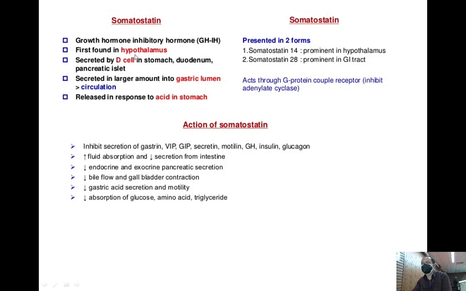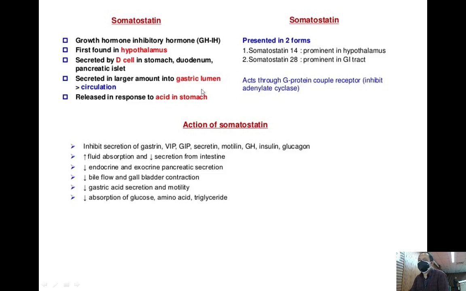You remember the islets of Langerhans, I think we have not done the endocrine pancreas. So you just note that you'll also find these cells in the islets of Langerhans in the pancreas. They secrete a large amount into the gastric lumen and therefore into the circulation finally, and act in an endocrine fashion.